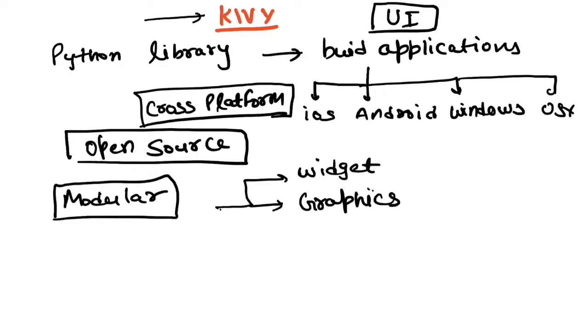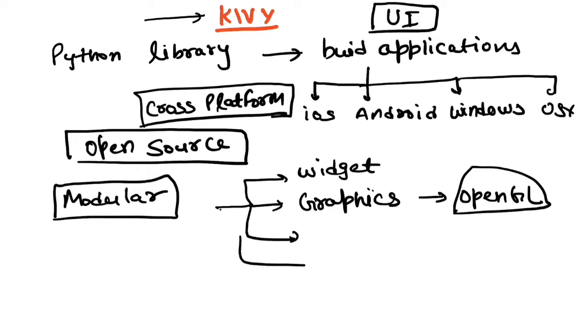The graphics library communicates with the OpenGL library, which talks to the hardware of your system to draw any kind of graphics. Similarly, there are a lot of other components which we'll talk about in a little bit. It's a very modular architecture abstracted out from the core underlying dependencies. So as a user, you can start using these modular components and build different UI applications.